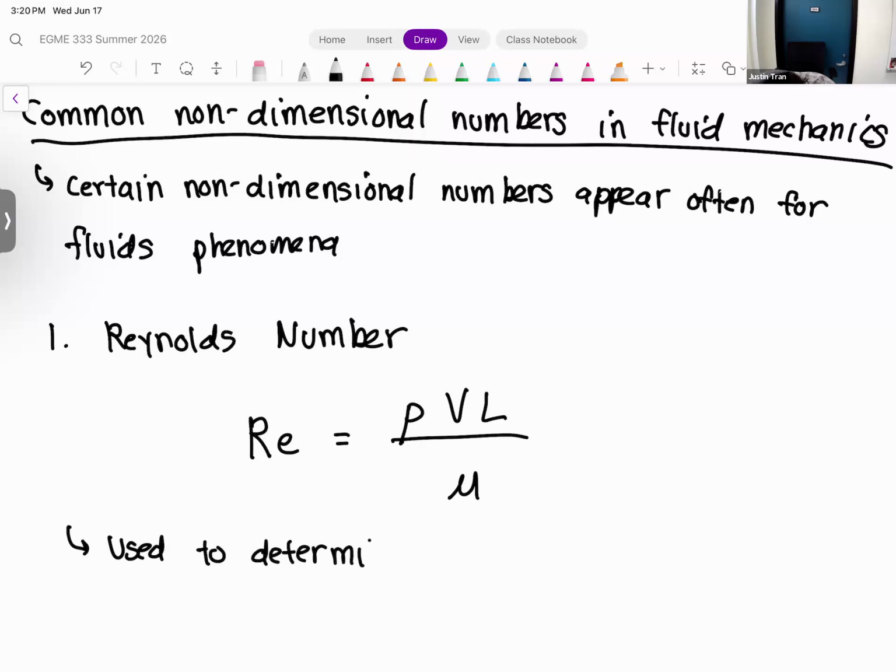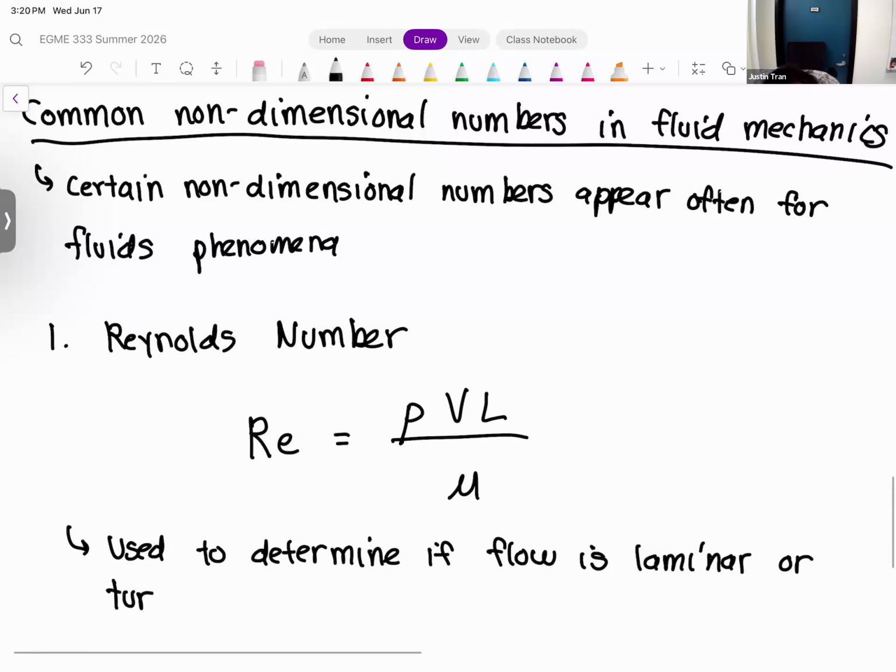Which I realize those terms don't really mean anything right now, just because we haven't described what laminar means or turbulent means.